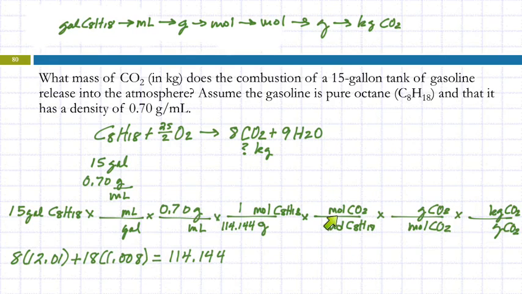Here's my mole ratio, moles of carbon dioxide to moles of octane. 1 mole of octane generates 8 moles of CO2. 8 moles of CO2 for every 1 mole of octane. Here I need the molar mass of carbon dioxide. I've got that memorized, so 44.01.